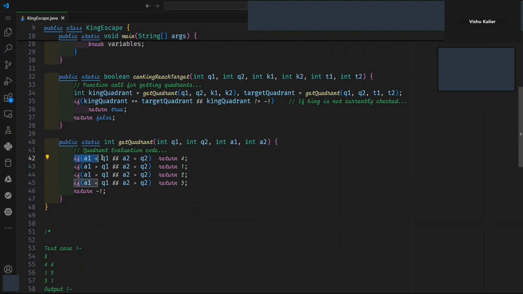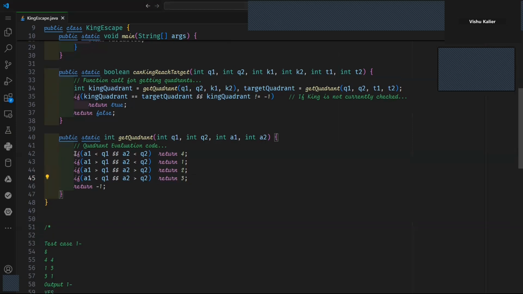So if a1 and a2 are both less than q, right, that is they are at the left bottom, then I'm reaching quadrant 4. Similarly, if they are at top left, I'm going 1. If they are at top right, I'm going 2. And if they are at bottom right, I'm going 3.